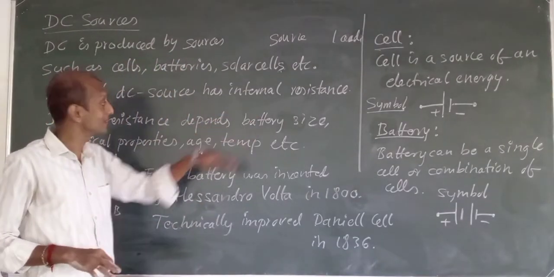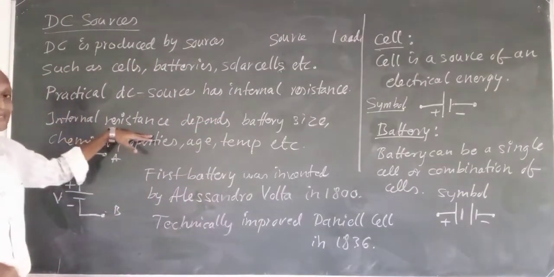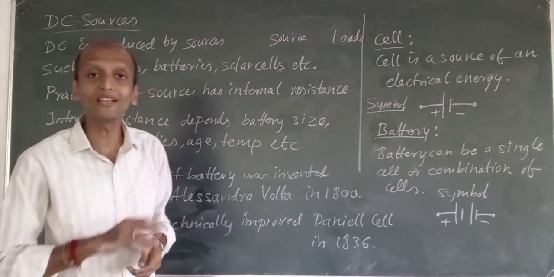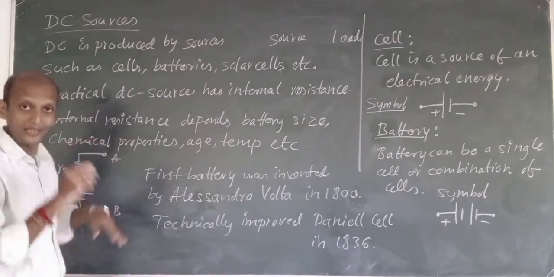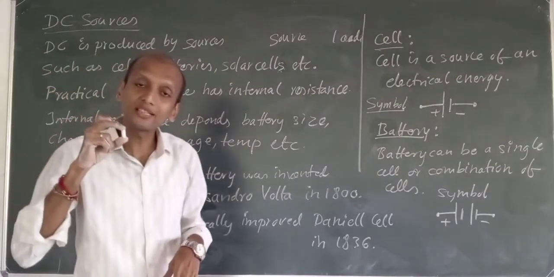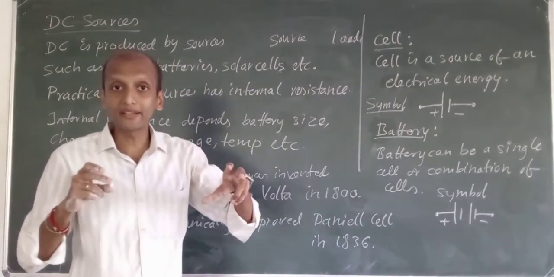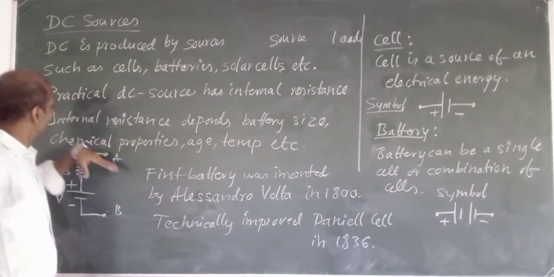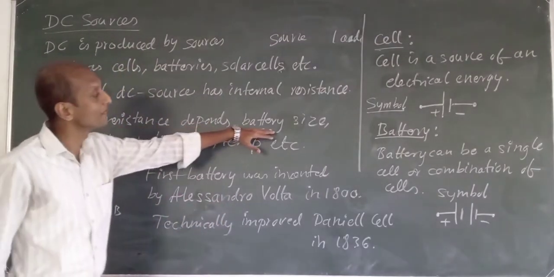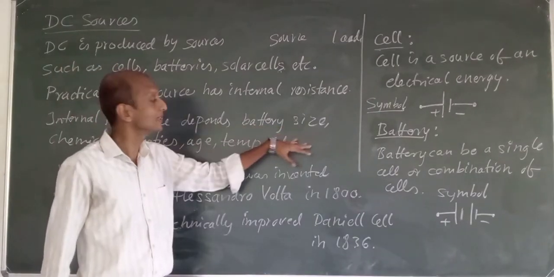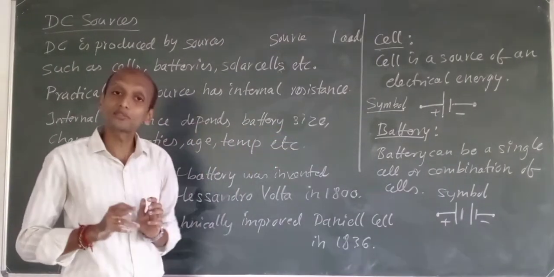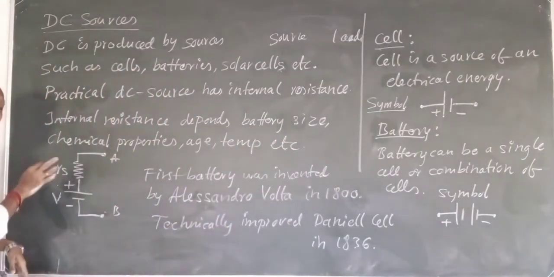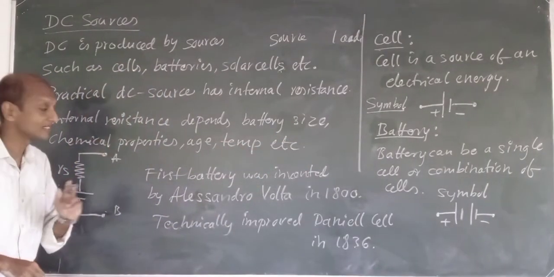Coming to internal resistance, how much will it be? It depends. The internal resistance for a small cell or a battery depends on several things. It depends on battery size, so battery size also matters and makes different internal resistances.